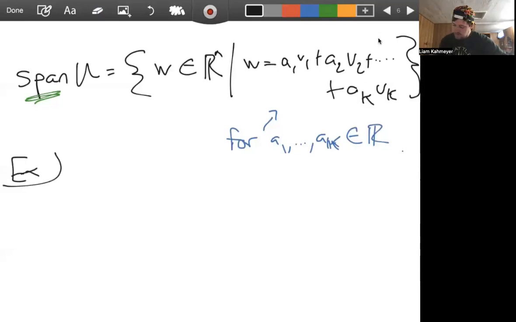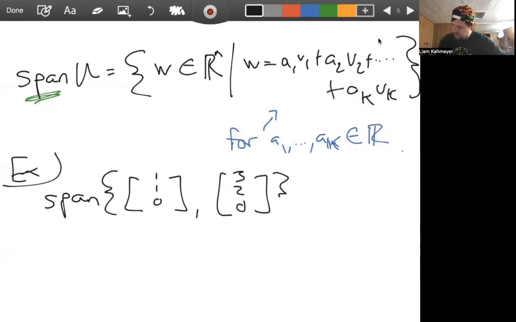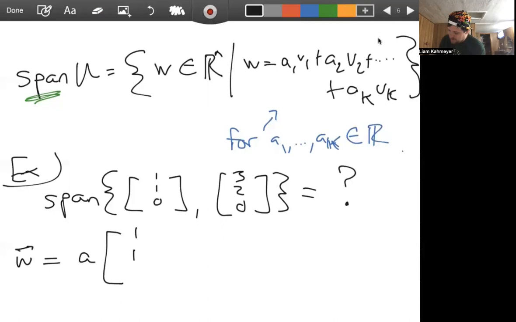So let's consider the following vectors. Let's say we want to calculate the span of the vectors in R3, (1, 1, 0) and (3, 2, 0). And so we'll ask ourselves, what is the span of this set? What we're going to look at is vectors W such that W is A times (1, 1, 0) plus B times (3, 2, 0).